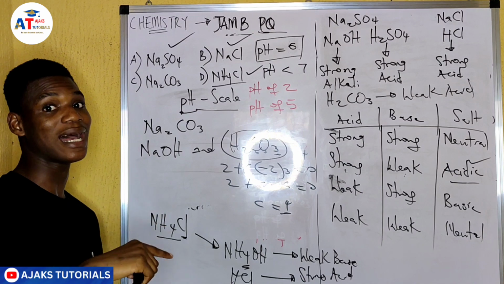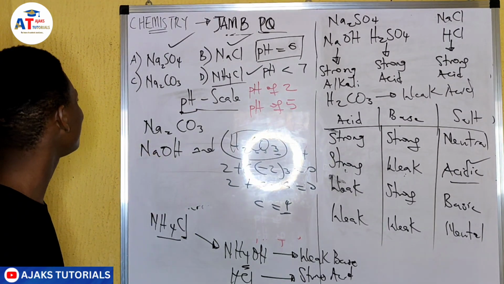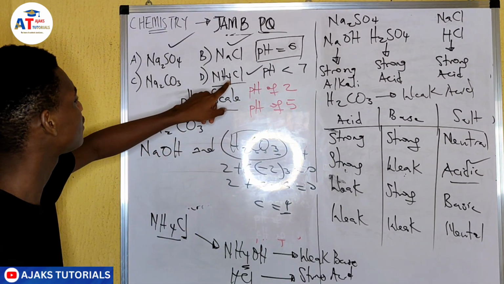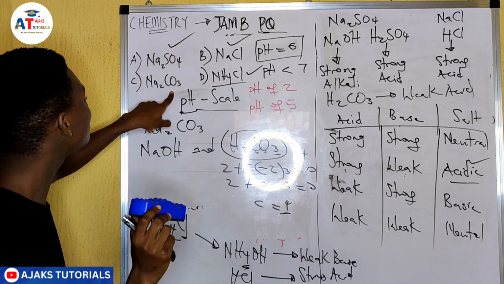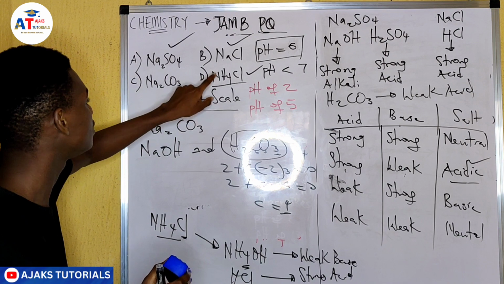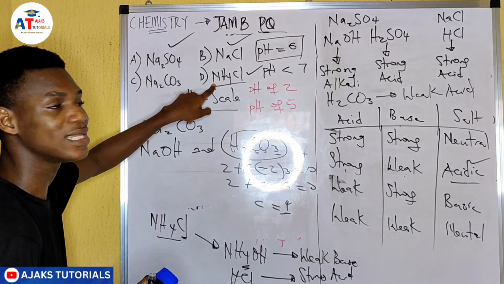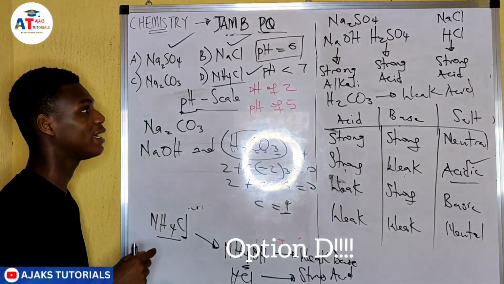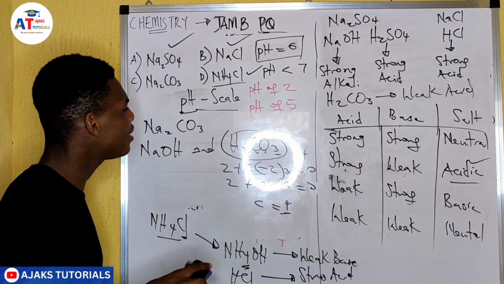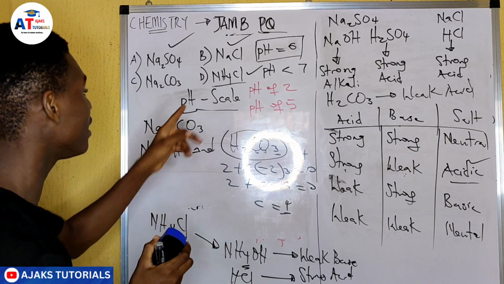So we're looking for strong acid and weak base. And what's my strong acid here? All of them are actually strong acid except this one. But what's my weak base? My weak base in this question is D. Do you get this now? So option D is correct. I believe we are clear.